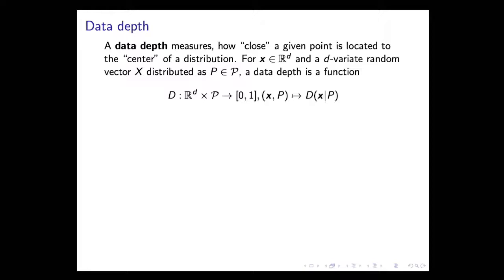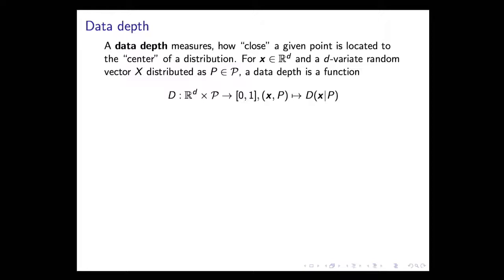Basically, it is a mapping, a function which assigns to a point a value between 0 and 1. It assigns 1 or something close to 1 if your point is deep in the data cloud, and something close to 0 if your point is far from your data set.